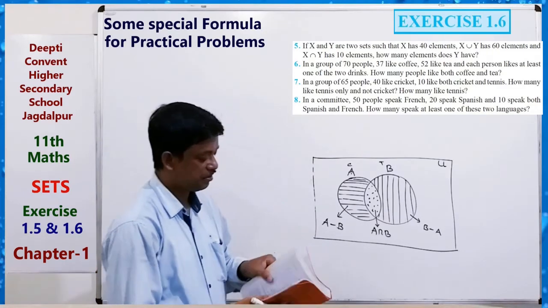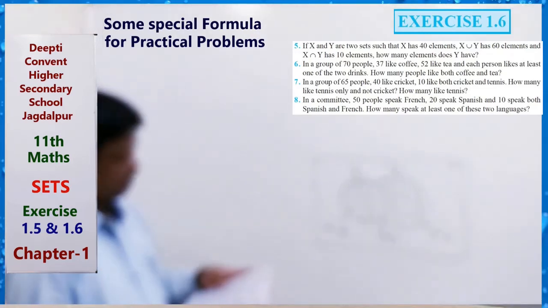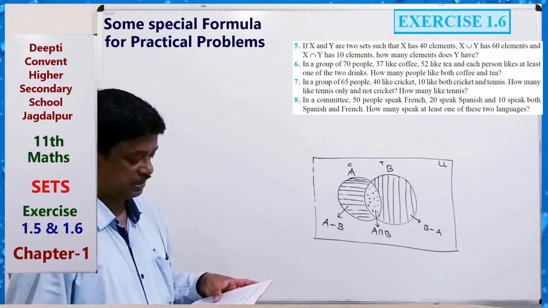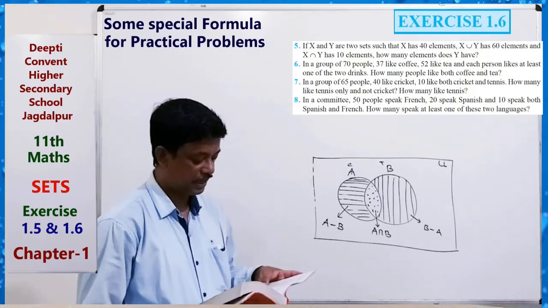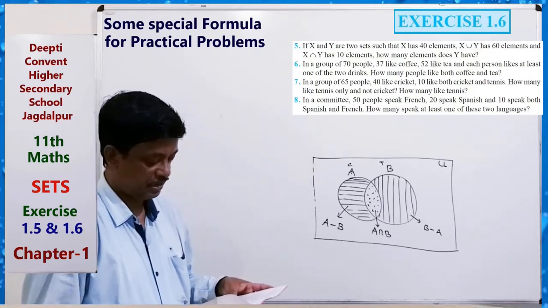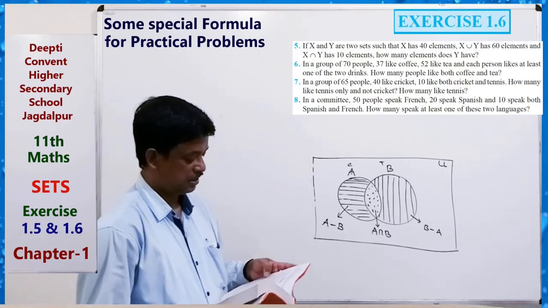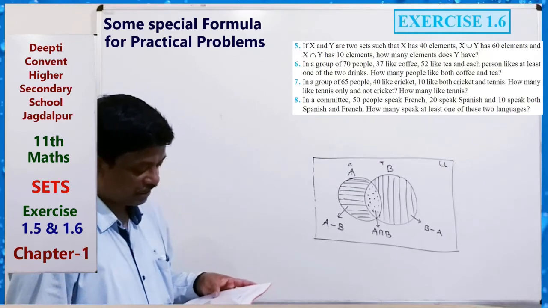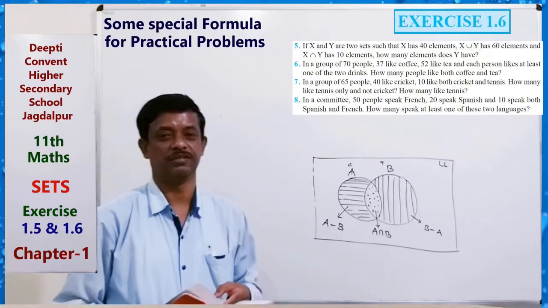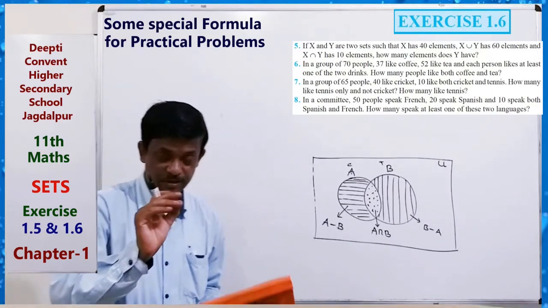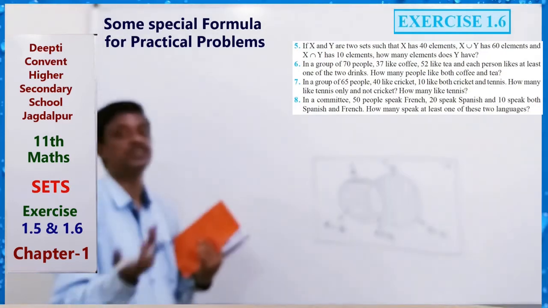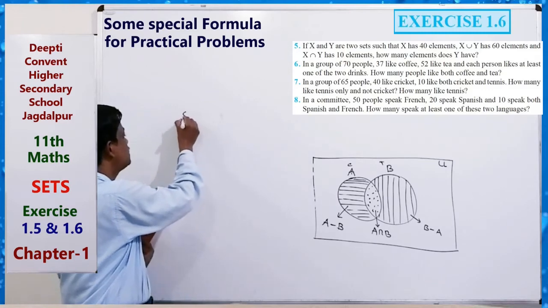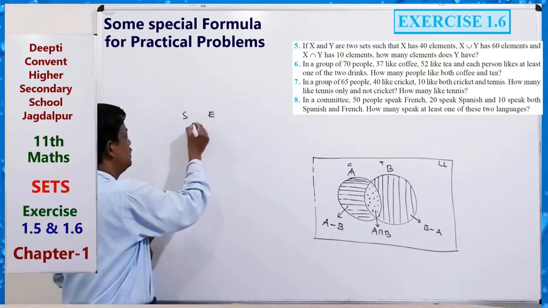Question 8. What is question 8? In a committee, 50 people speak French, 20 speak Spanish, and 10 speak both Spanish and French. How many speak at least one of these two languages? At least one of these two languages means union.